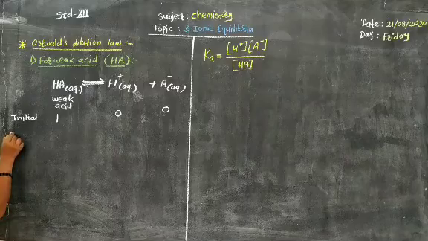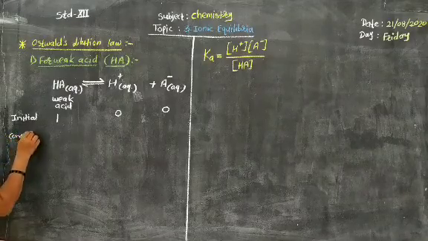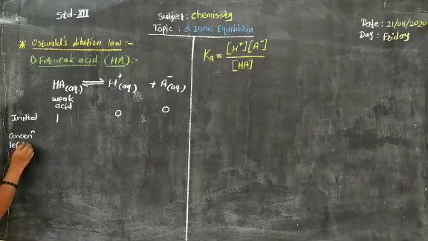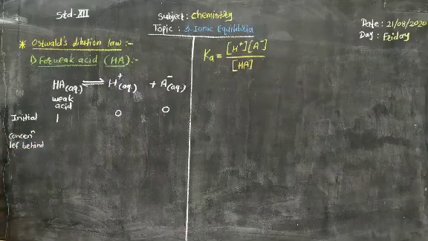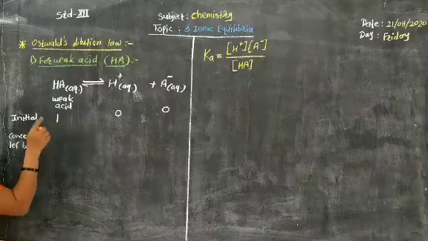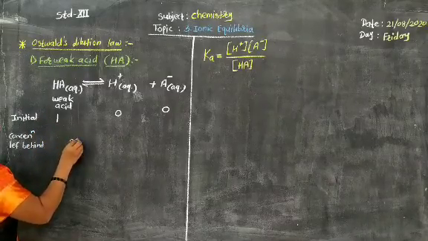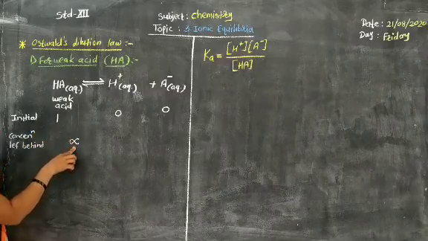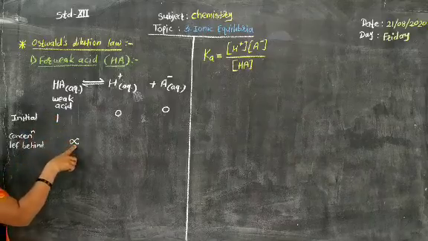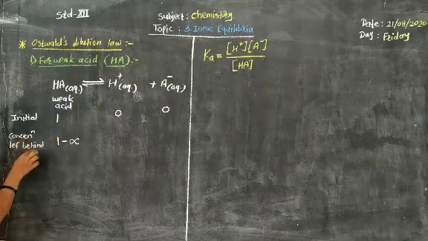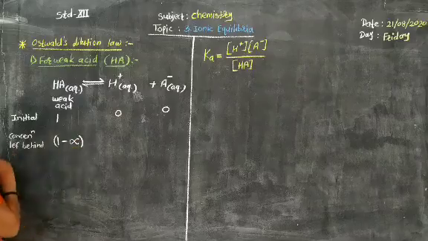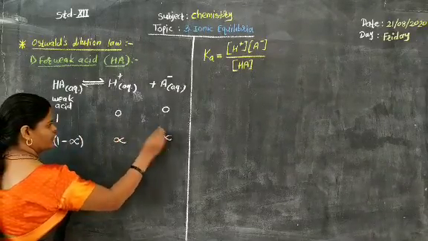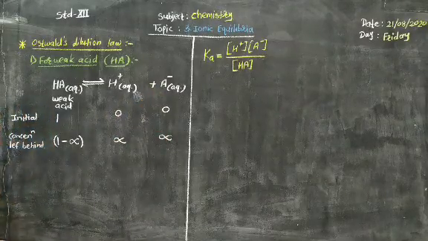Now, the concentration left behind, whenever alpha number of moles get dissociated. Alpha is the degree of dissociation. When alpha number of moles get dissociated from the initial number of moles, whatever concentration is left behind will be equal to 1 minus alpha. At that time, alpha number of cations and alpha number of anions respectively are formed.